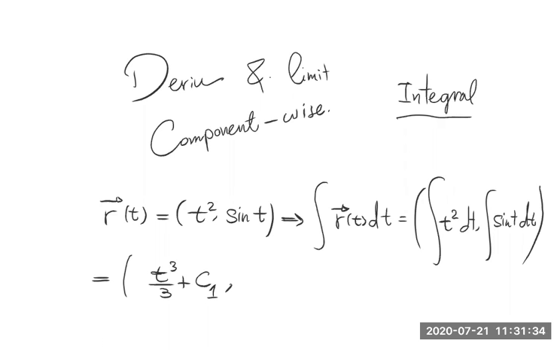What is the integral of sine? It's minus cosine. Actually, the integral of sine is minus cosine, not cosine. Be careful. So that would be the integral. We can do the same thing for functions to R3.